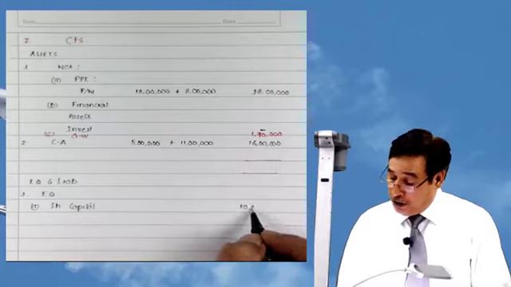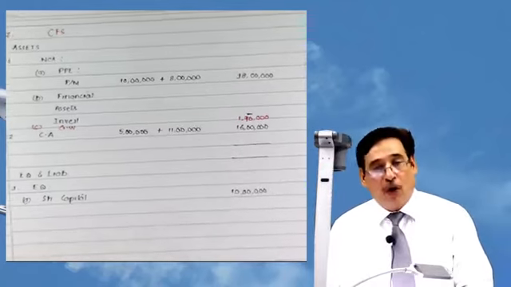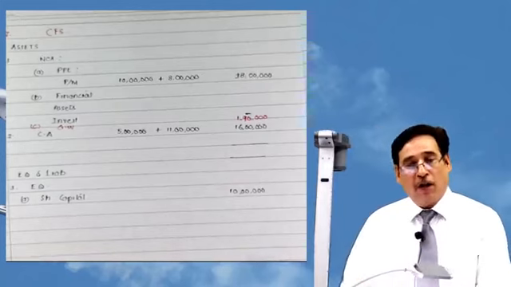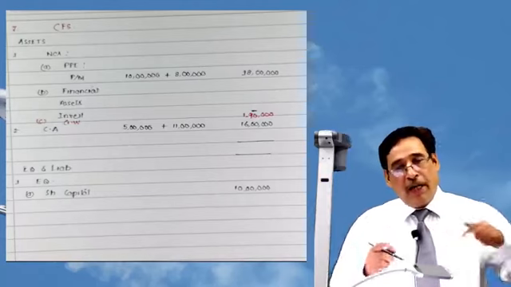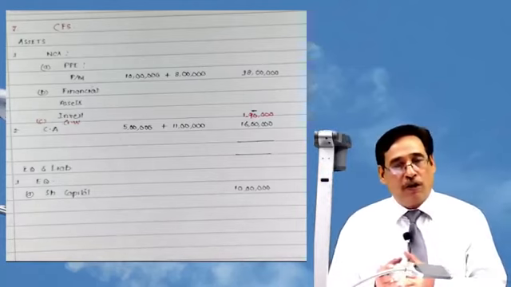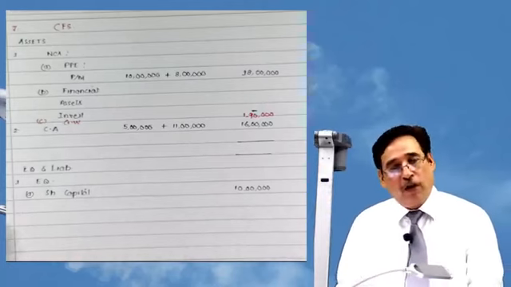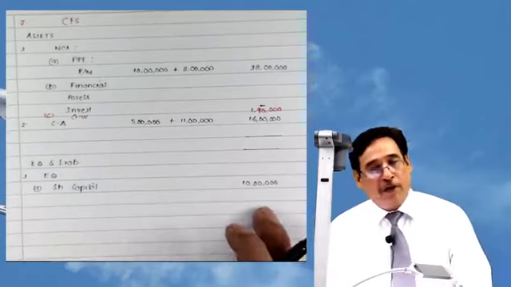Share capital of parent is 10 lakhs. It means share capital of subsidiary will not be written down over here. Reason being, it's very simple. Because parent has invested in the share capital of the subsidiary, that also constitutes an intercompany transaction, meaning transaction between the group entities, so it will be eliminated.